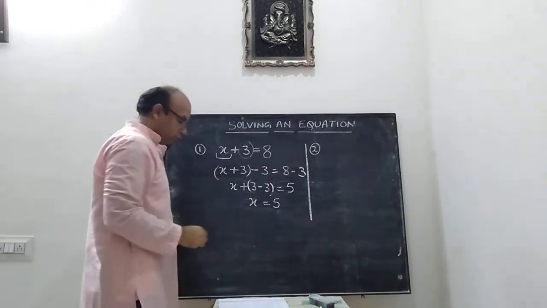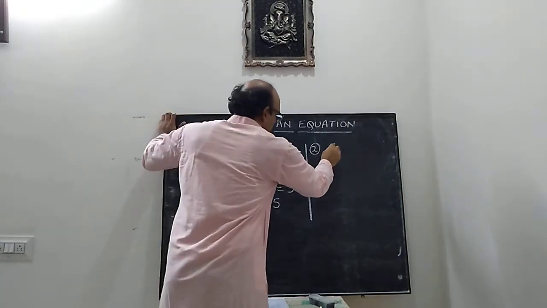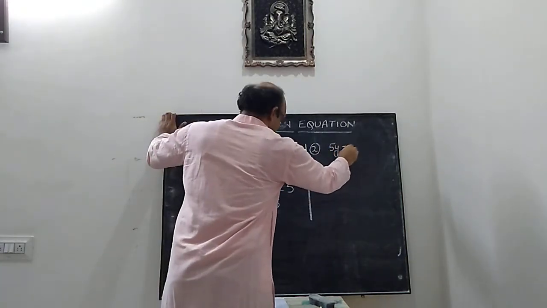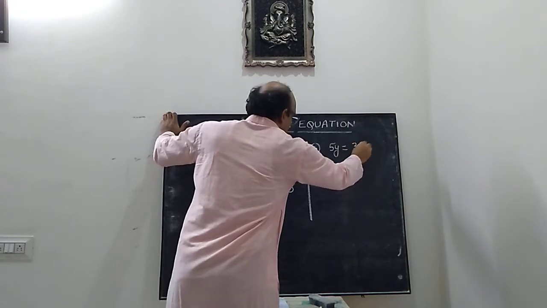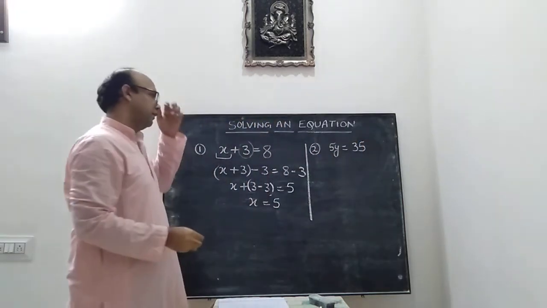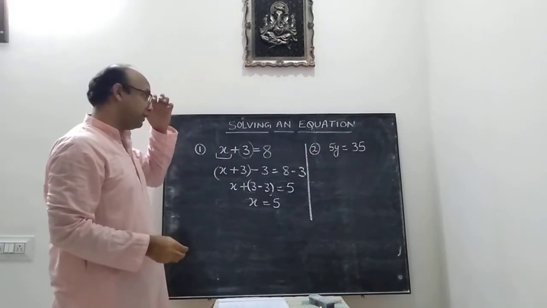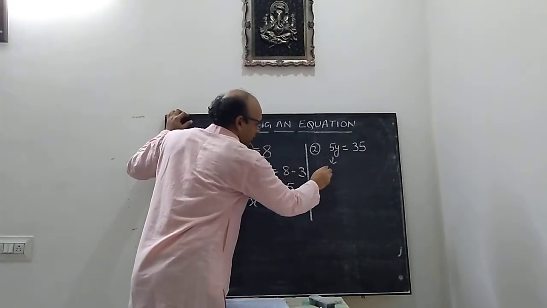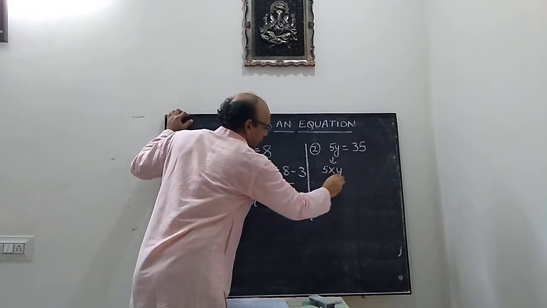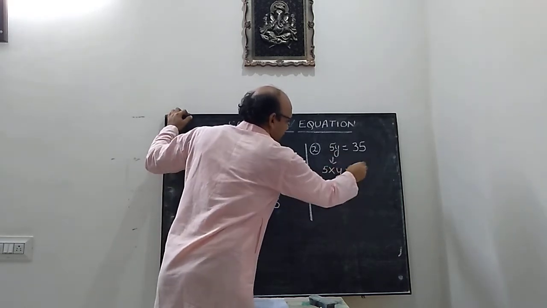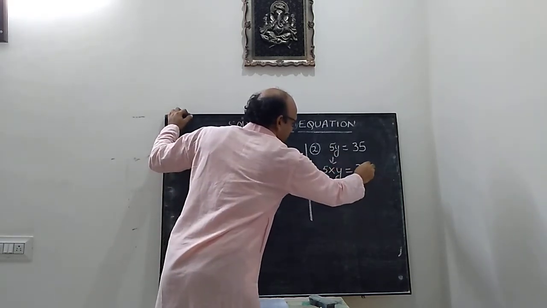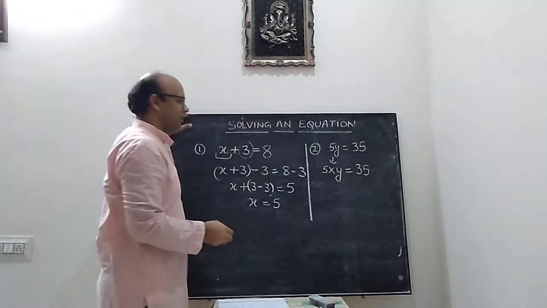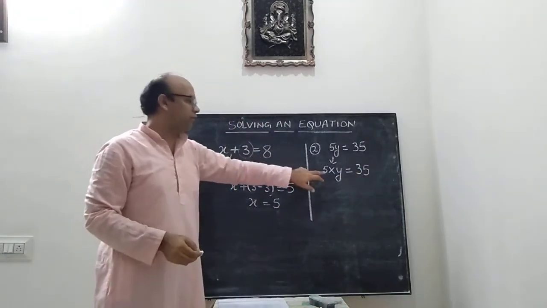Now, we move on to the next one. Suppose we are dealing with 5y is equal to 35. Now, in this one, what has to be done? First of all, most of the students make an error over here. This is nothing else but 5 into y is equal to 35. Now, how to get rid of 5?